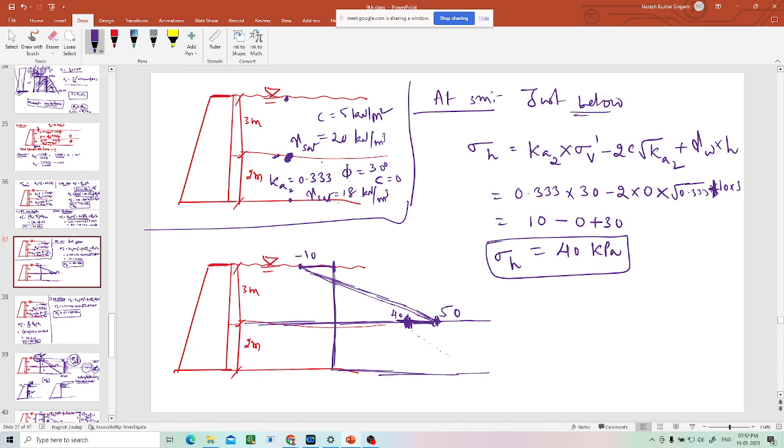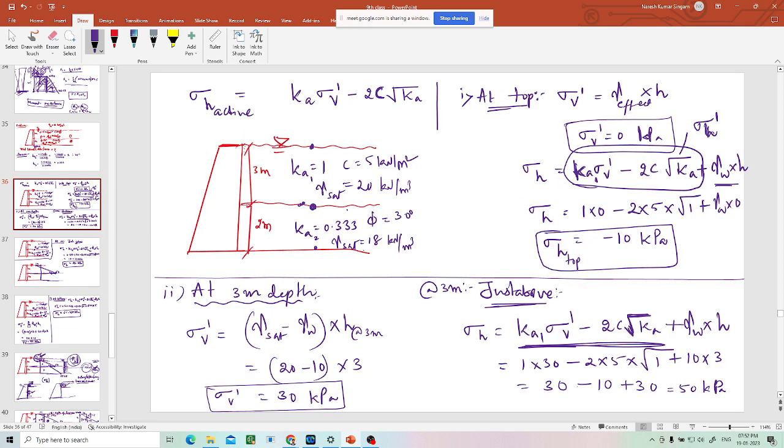You just have to take the equation for 50, because it is decreasing later. In that layer, you can consider only these two triangles. First it is going from minus 10 to 50, so you have to use the equation which is giving the 50. This equation only gave you minus 10 at the top, and this equation gave 50 at the bottom of that layer.